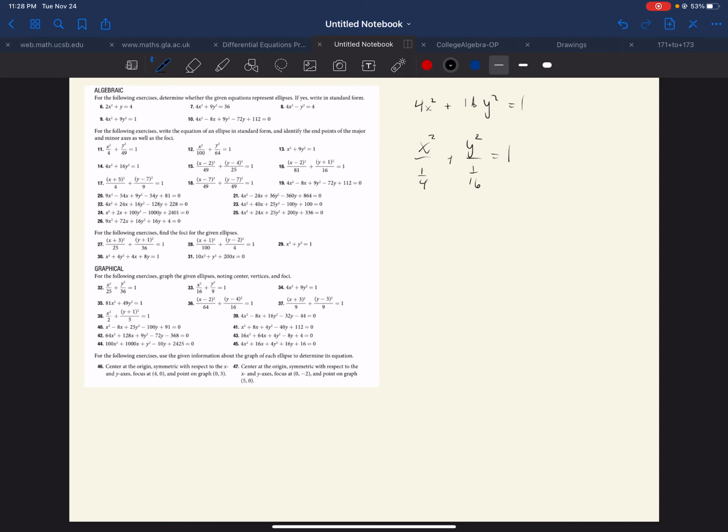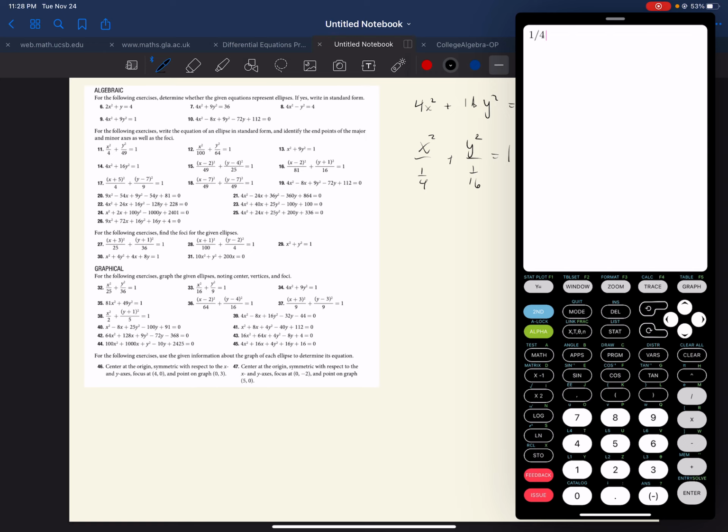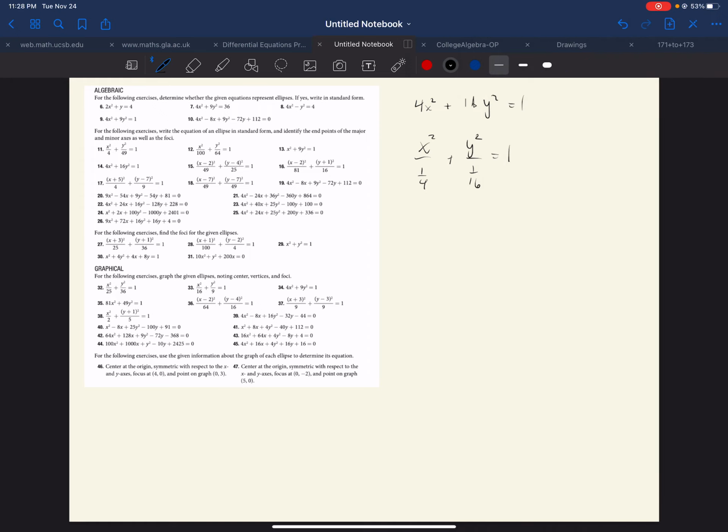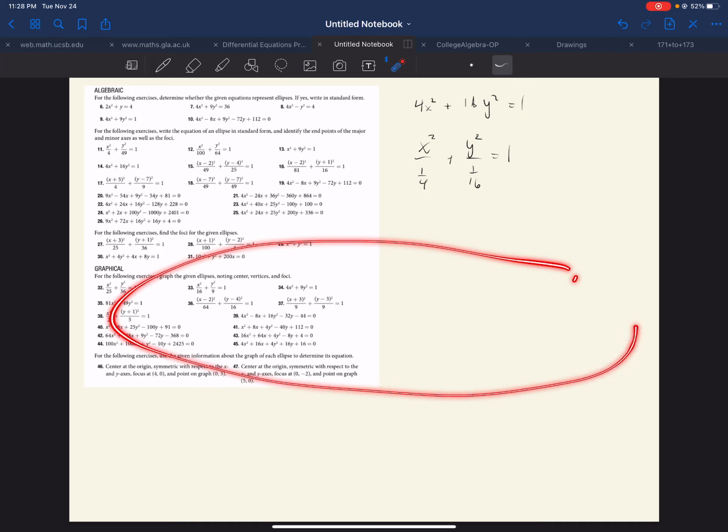1/4 is bigger than 1/16. I know that because 1/4 is 0.25 and 1/16 is 0.0625. And so for that, the 1/4 is bigger. So without having done anything right now, I already know because that's bigger and it's under the x, this is going to open left and right, sort of.